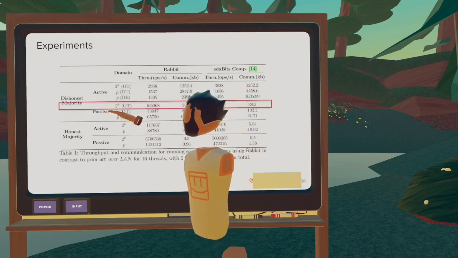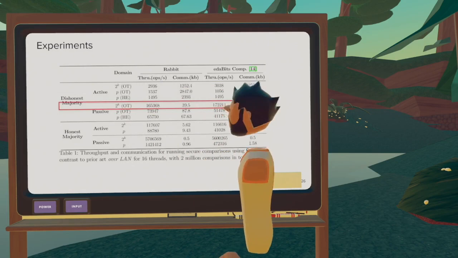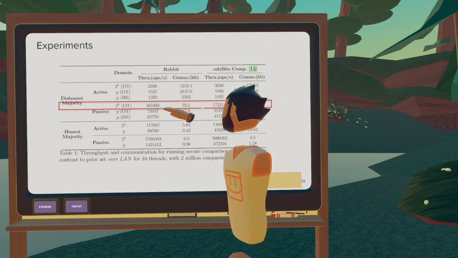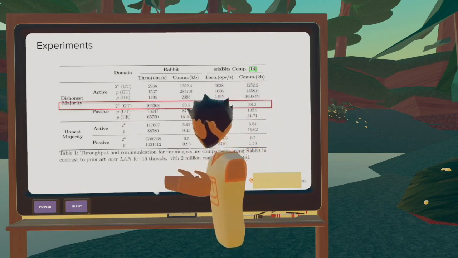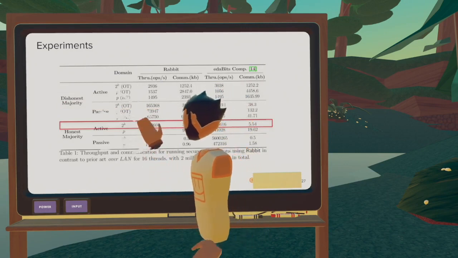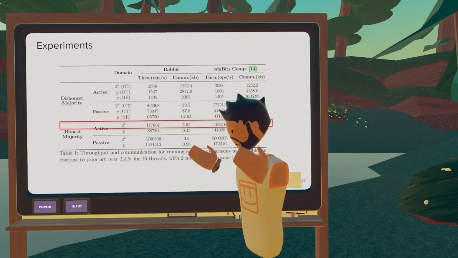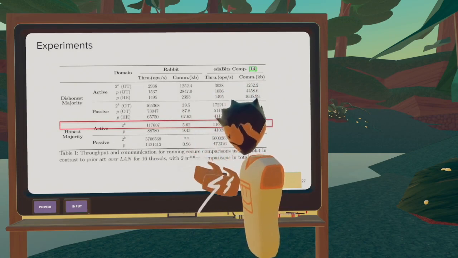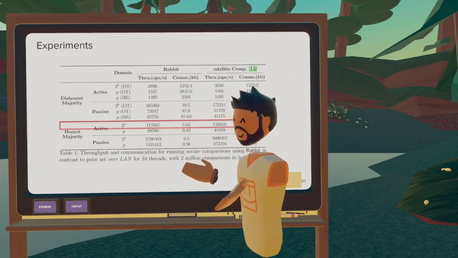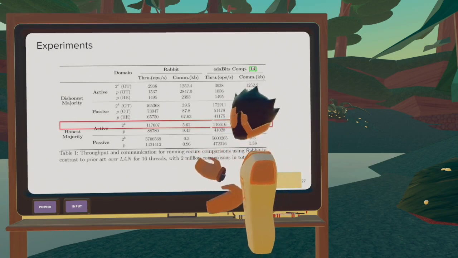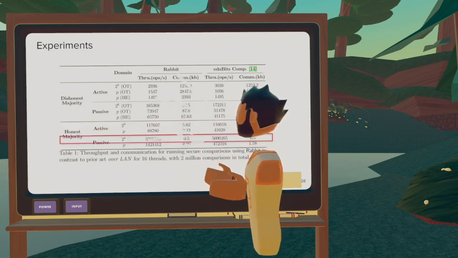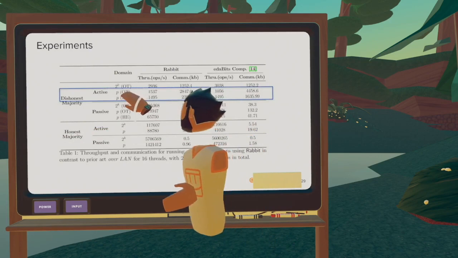For this honest majority ring case, OT is the same. So throughput is roughly the same. Communication is roughly the same. For honest majority, same. So Rabbit and EDABIT are racing each other and there's a tie.